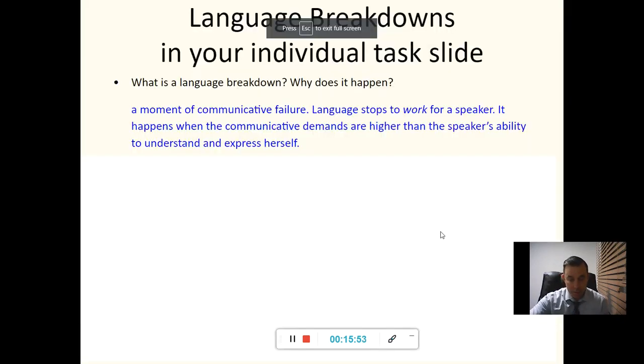Well, one way to think of it is it's kind of a moment of communicative failure. So language stops working for a speaker. It happens when the communicative demands are a little bit higher than the speaker's ability to understand and express herself.